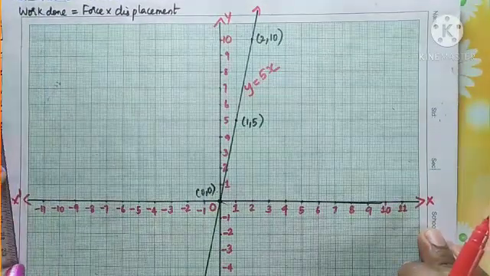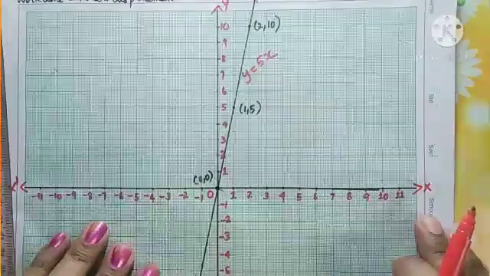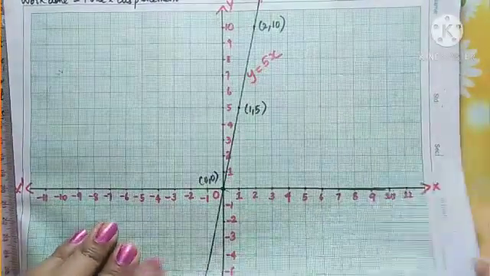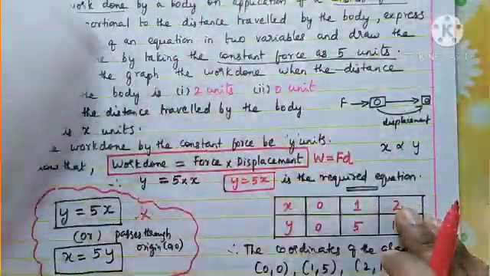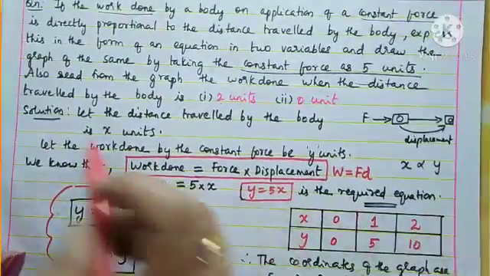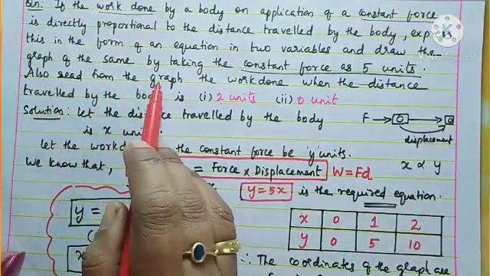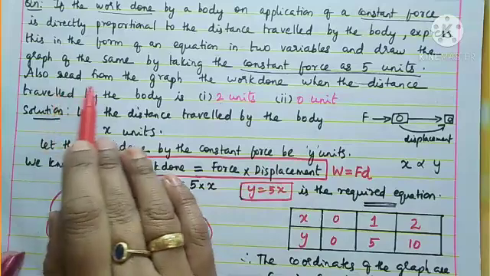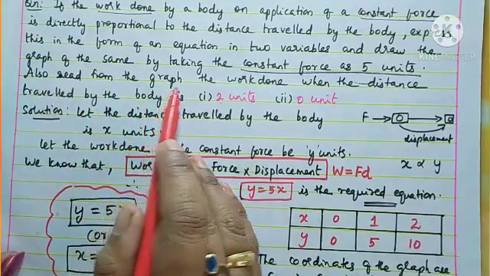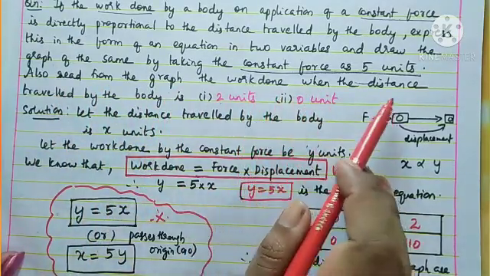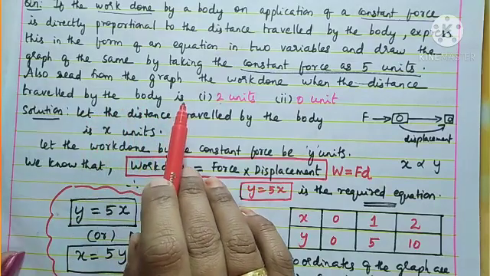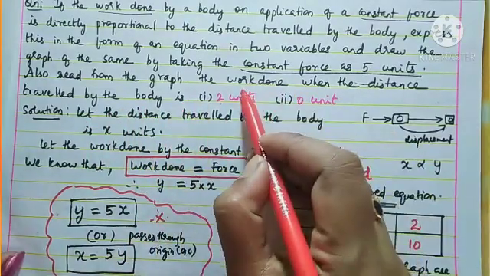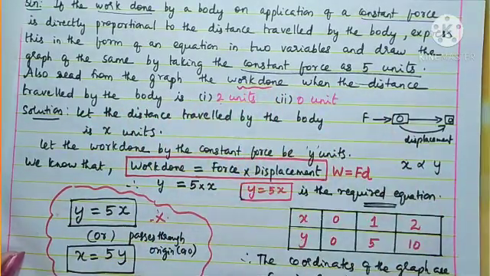Now the question is not over actually. We drew the graph. Now what is asked in the question? Also read from the graph. You want to find out from the graph the work done when the distance travelled by the body is given. What is our work done?